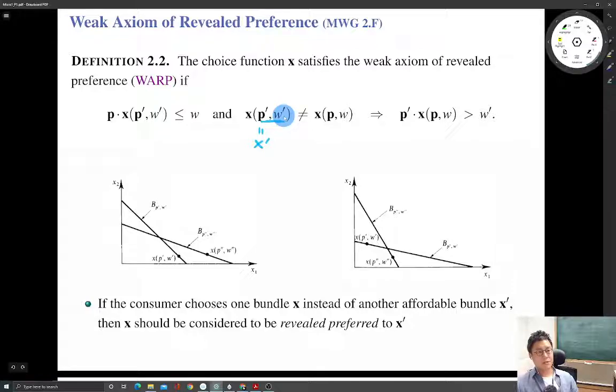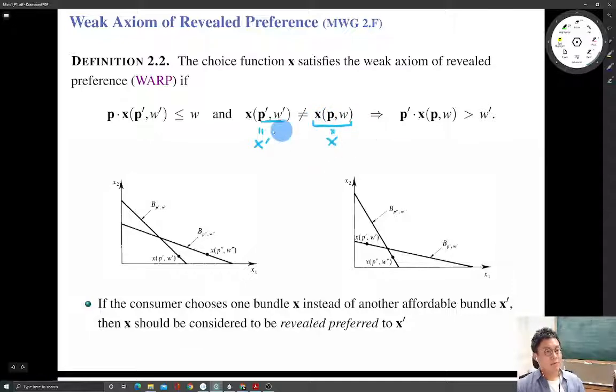Okay, that means we observed the consumer chooses this bundle X prime under this budget set. Okay, and the actual choice made by the consumer under this configuration, P and W, let me call that bundle X. So bundle X indicates the value of this function under these two parameters.